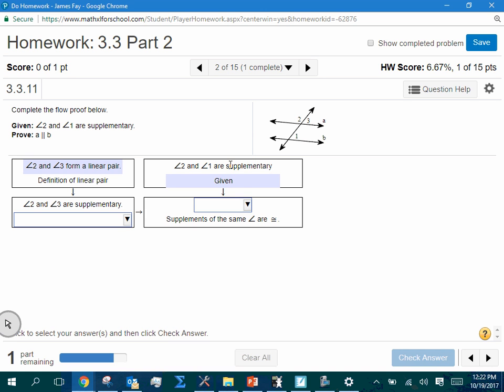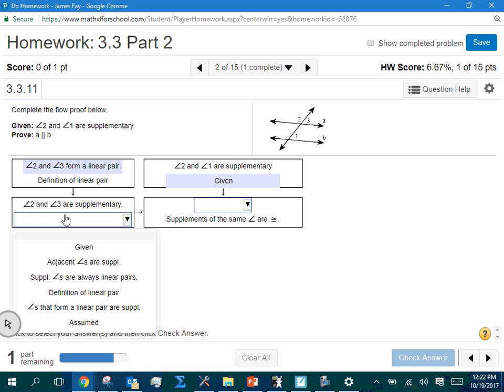Now you see they put those arrows down, and from this statement here, we're going to get this direct statement: 2 and 3 are supplementary. Well, the reason 2 and 3 are supplementary is because angles that form a linear pair are supplementary. And you see some options here. There are some pretty tricky things, I think. Some people say definition of linear pair.